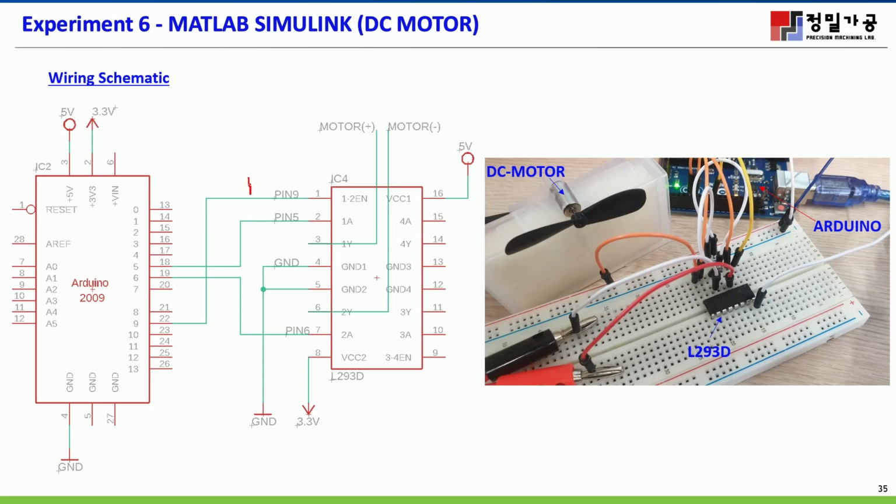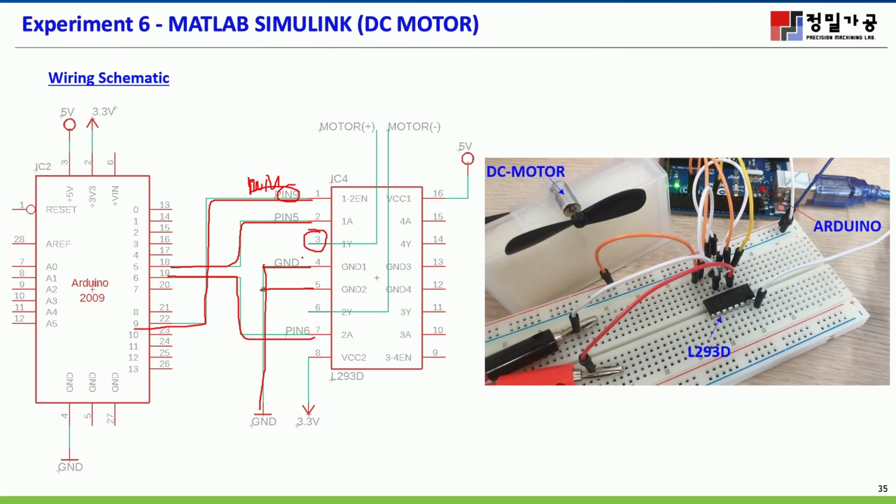Basically for pulse width modulation, we use pin 9, same like when we studied the servo motor. And for input 1, pin 5, input 2, pin 6. Okay, so basically pin 4 and pin 5 are ground.